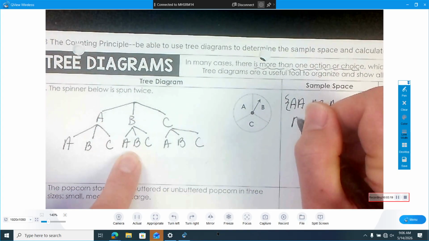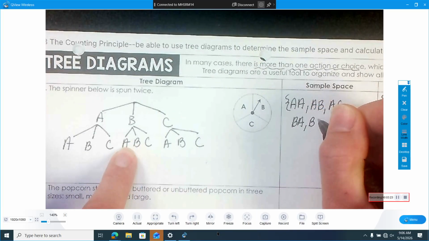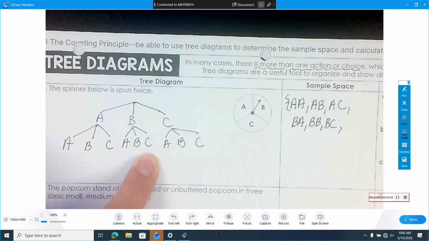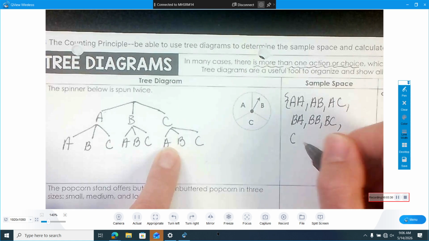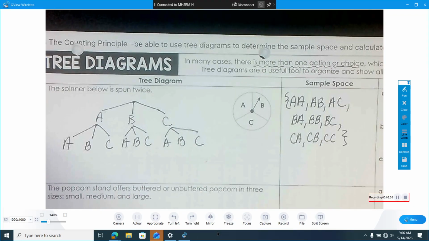I could have gotten a B first, followed by an A, or a B first, followed by B, or B and then C. And then last, I started with a C, and I could have gotten an A, CB, or CC. And those are all the different ways that we could spin that spinner 2 times.